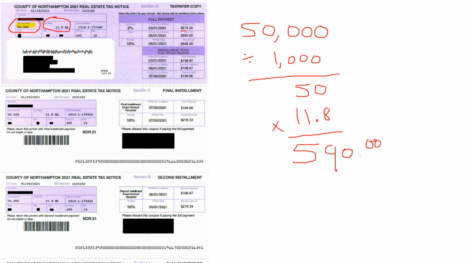So the face is at $590 on this particular property. And then the county will do a 2% discounted rate if you pay on or before a certain time. And then, of course, if you go past the payment date, they add a 10% penalty. And it increases the property tax by that much.